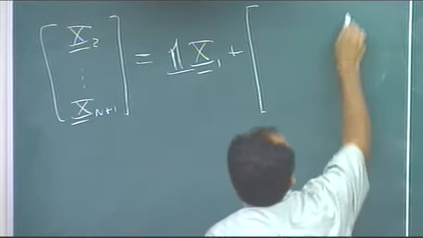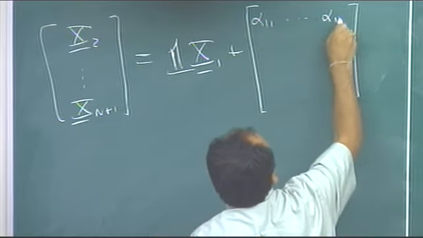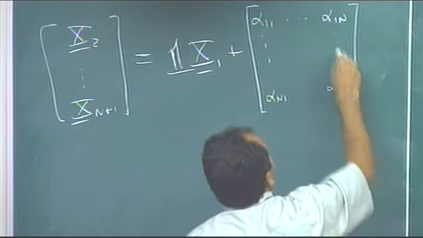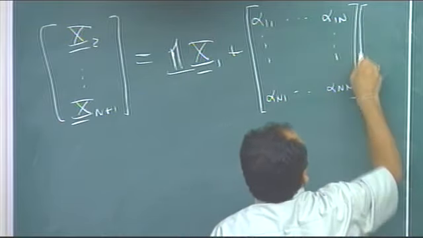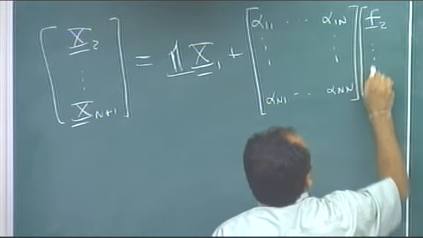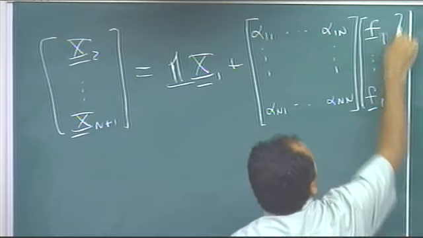I get this matrix here, which is this matrix of alphas, which gives me alpha 1,1, alpha 1n, alpha n1, alpha nn. And this whole thing gets multiplied by what? It gets multiplied by f1 up to fn.